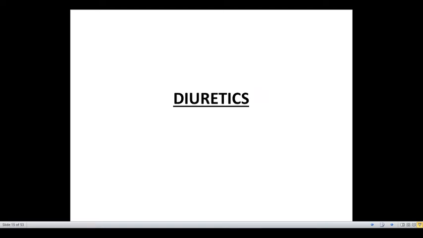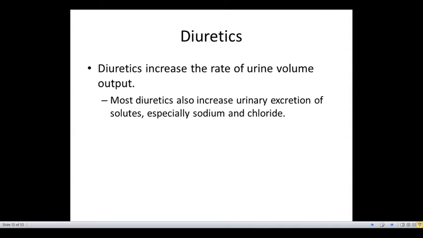Let's now study diuretics and their mechanisms of actions. By definition, diuretics increase the rate of urine volume output. Most diuretics also increase urinary excretion of solutes, especially sodium and chloride ions.